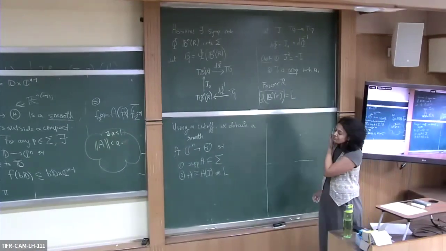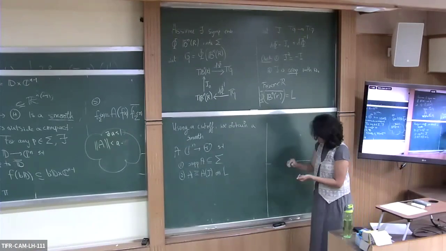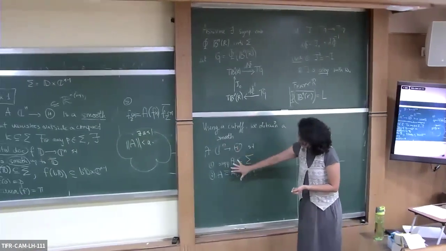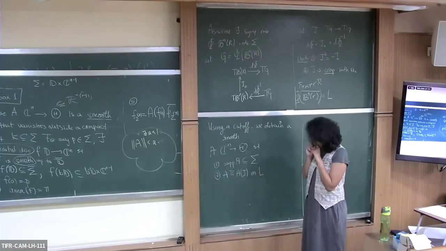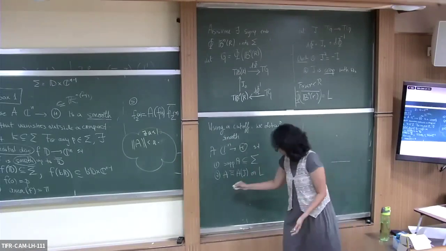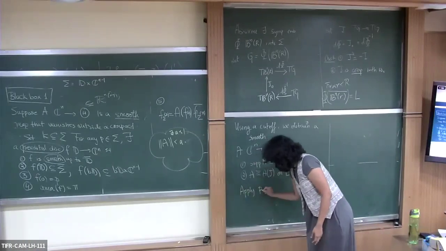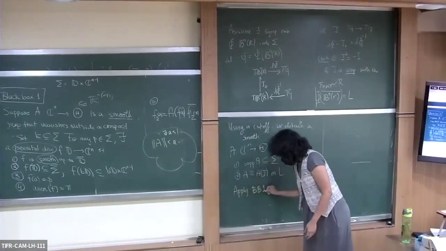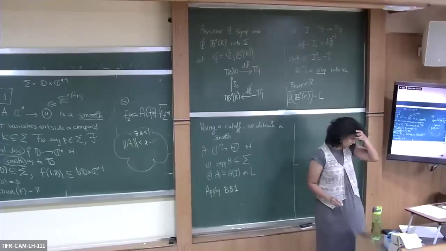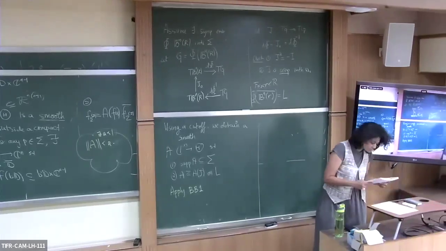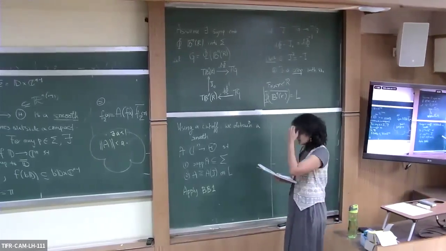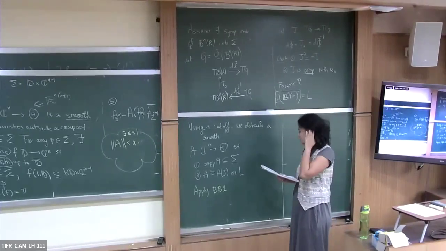Okay, so what do we have? Let's look at our picture. So we have now set up this object over here, and we apply the theorem. So apply black box 1, 2. What do I apply? Okay.